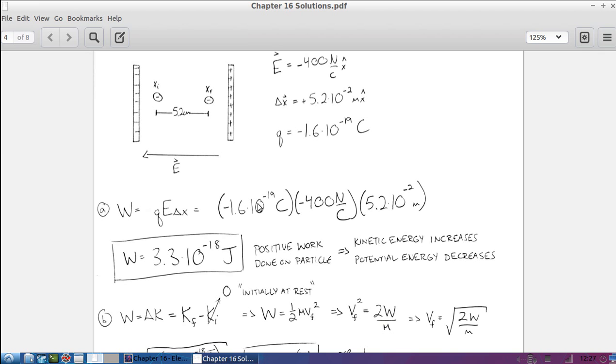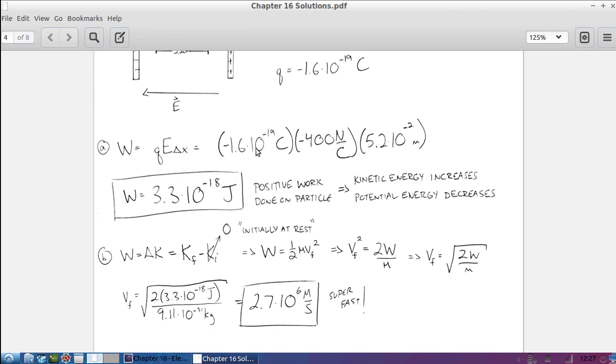So I've got a negative sign and a positive sign, and I expect positive work to be done on the particle by the plates, which again makes sense. Isolated system, the charges are doing positive work. Kinetic energy is going to increase while potential energy decreases. And that's what's happening.